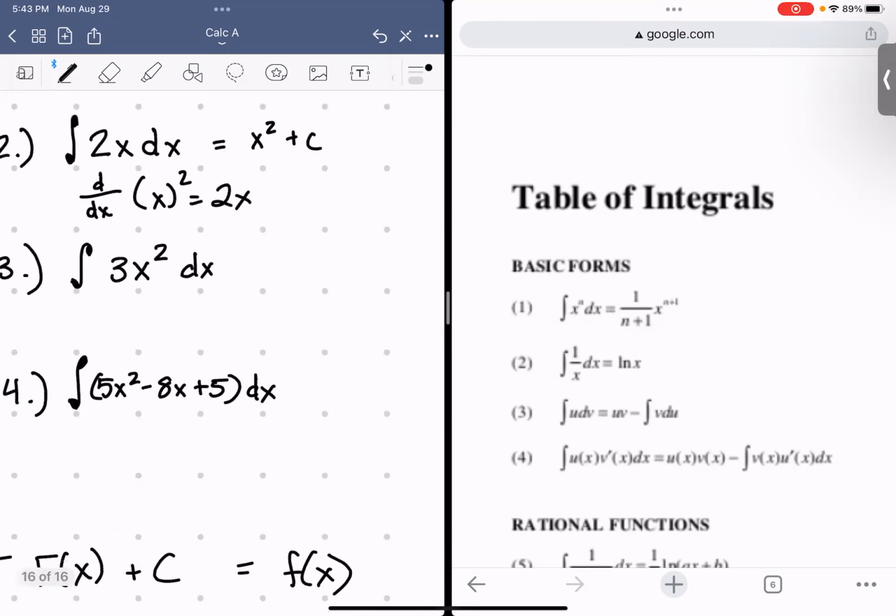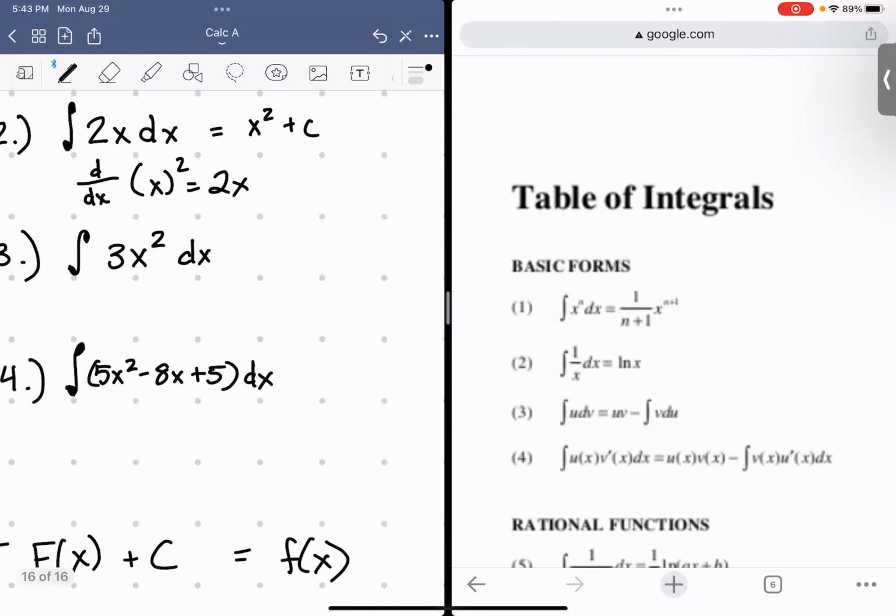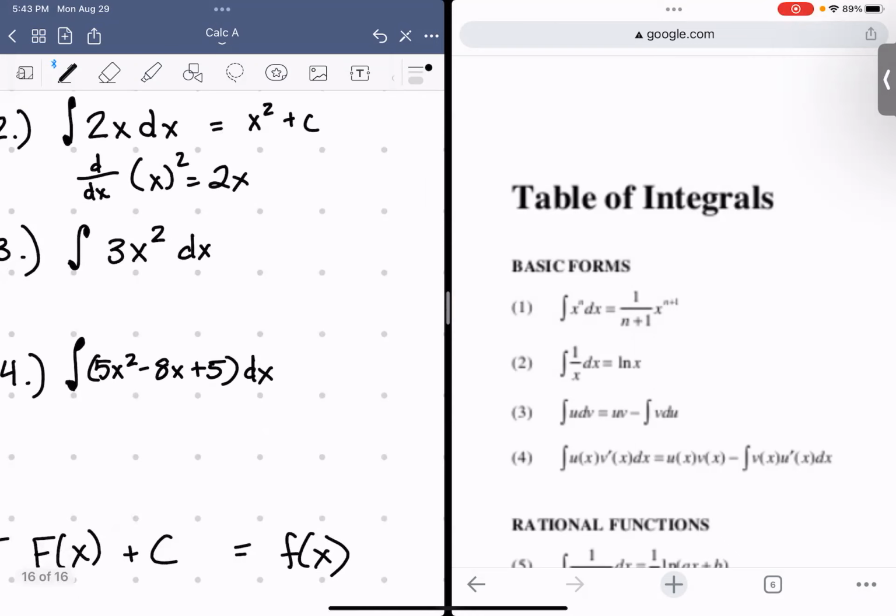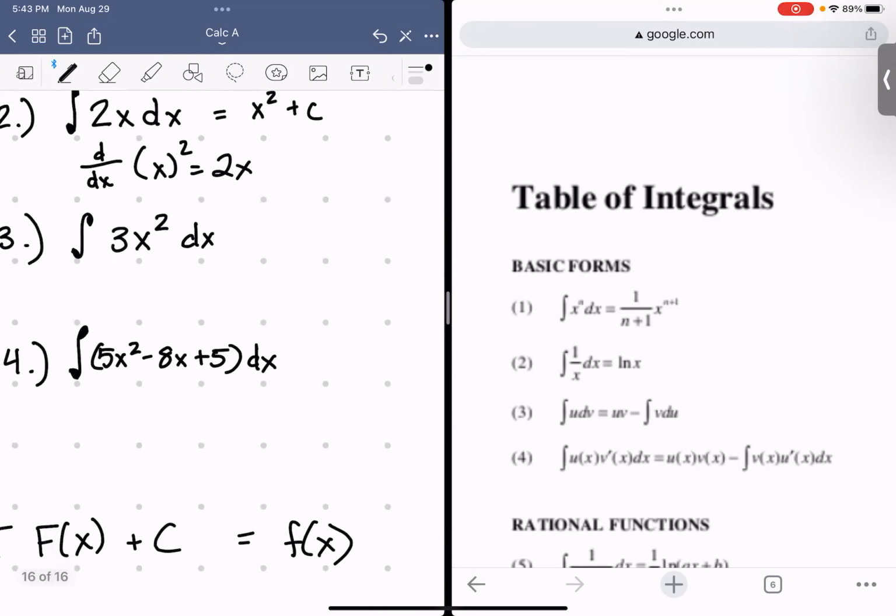Now we have the integral of 3x squared dx. Let's look at the first equation in the basic forms. Number 1, the integral of x to the n dx is equal to 1 over n plus 1 times x to the n plus 1.